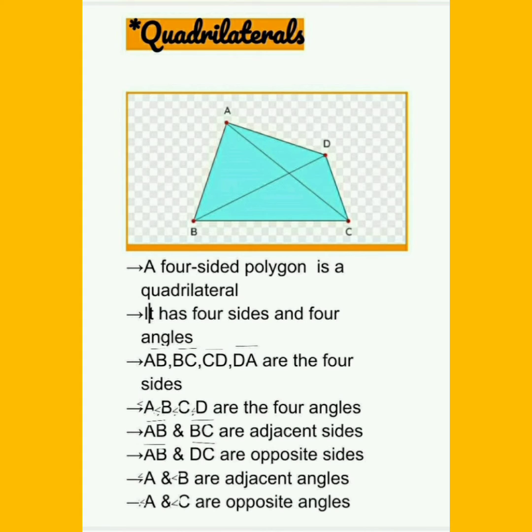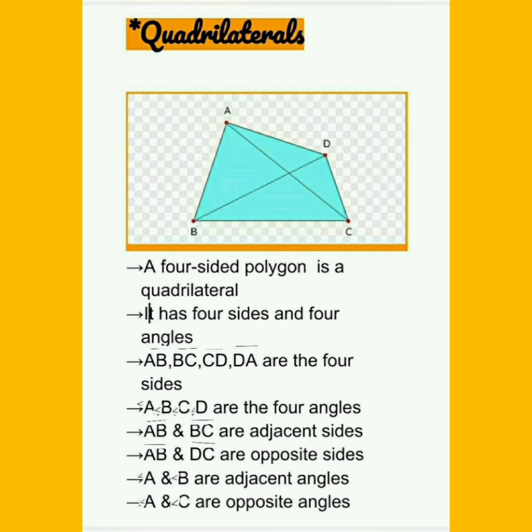Now, angle A and angle B are adjacent angles. Now, as we have seen in adjacent sides, angle A and angle B have a common line segment between them, that is AB. So, angle A and angle B are called adjacent angles.